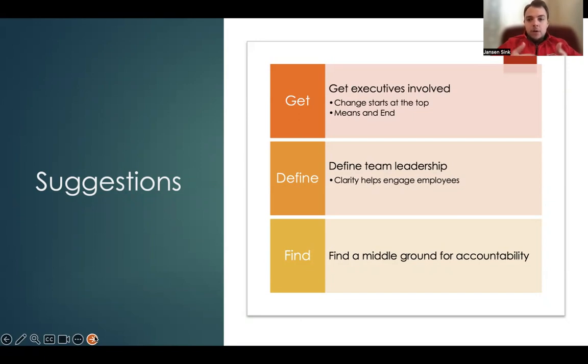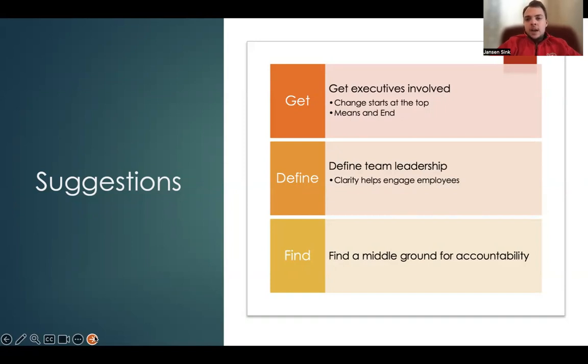Everything needs to flow through this leader so that everybody's working as one cohesive unit instead of everybody kind of off doing their own thing. This clarity will help engage the employees because now they're not confused. I know what I need to do. So it's up to them whether they're going to do it, but they're no longer walking around like, I don't really know what I need to be doing, because they know what they need to do now.